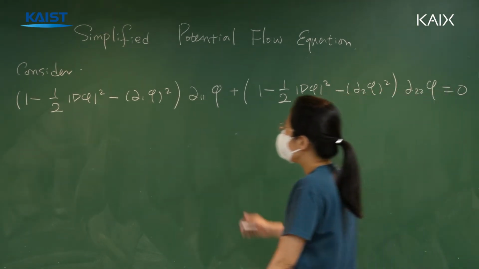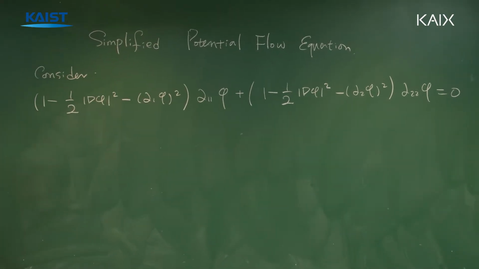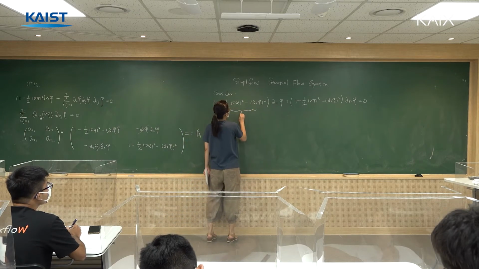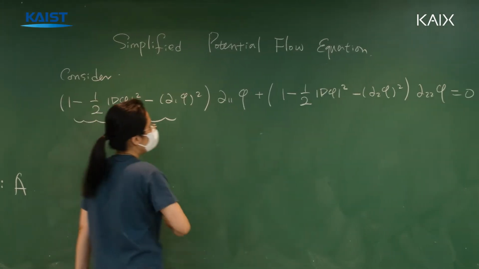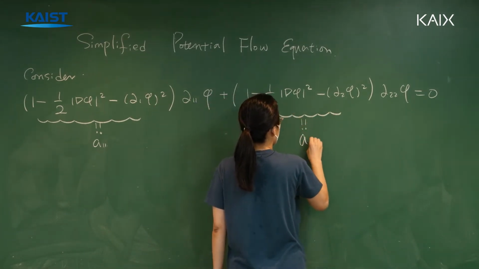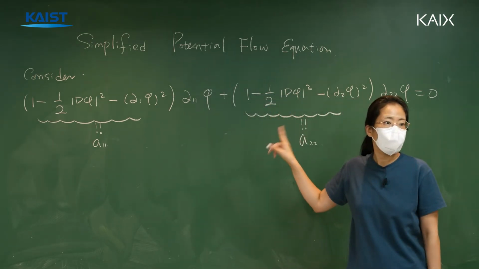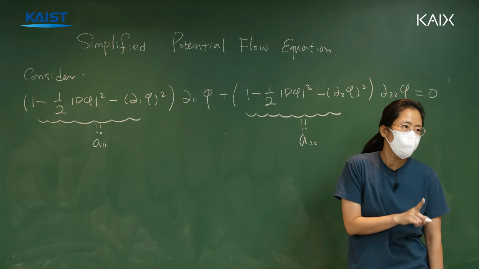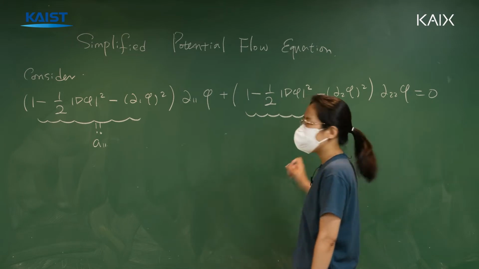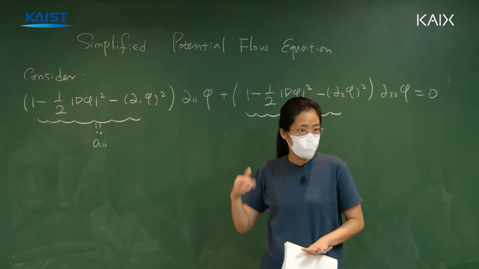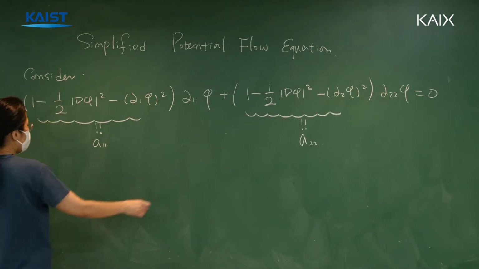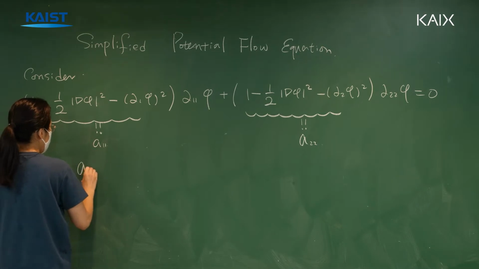Okay, and then for this one, let us look at the type of the coefficient matrix. So this is our A11. Let me just use this notation, and this is A22. Now you can realize that this equation is almost the same as the one that we studied the day before yesterday, right? Except that now A11 and A22 are not just fixed functions, they depend on the solution. So let us look at the type. For that, we look at the product A11 times A22.